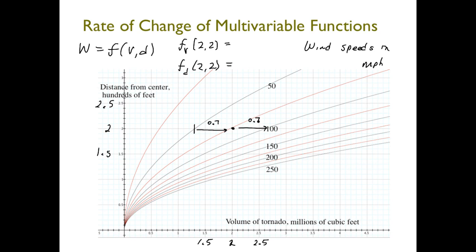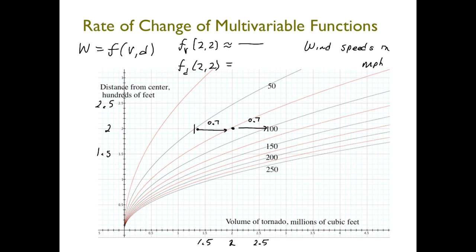You could have done that. These gray lines are 0.5 apart. So this is approximately what? How much does the wind speed change for a change in volume? How much does the wind speed change from there to there? 25, right? Your change in the dependent variable comes from looking at the level curves and pulling the values off them.